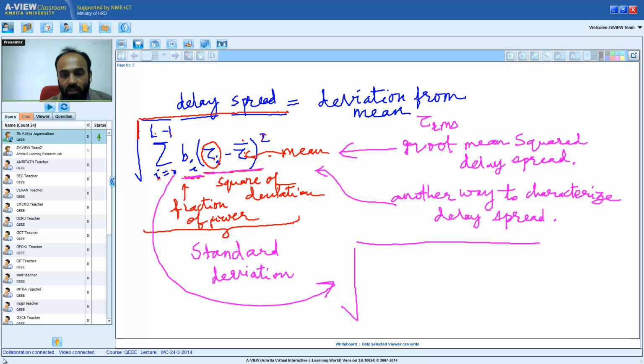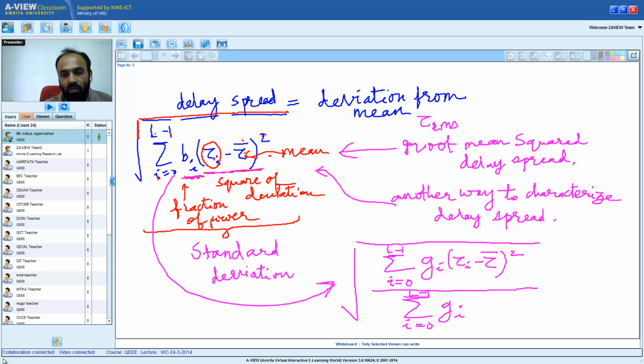Each Bi is Gi by summation Gi. Therefore, this is the sum from i equal to 0 to L minus 1 of Gi times (tau i minus tau bar) squared, in terms of the different Gi.